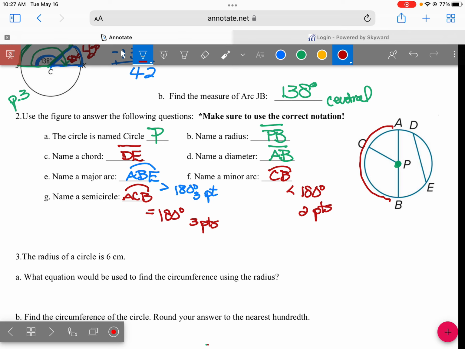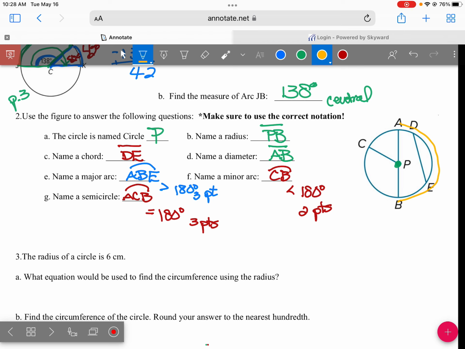So A, B, E would work as a semicircle or no? No, that is a major arc because it goes over half of the circle. You said ABE, right? No, I said A, E, B. Oh, AEB, yes. I thought you said ABE. It's the way it's stated. AEB is a semicircle.